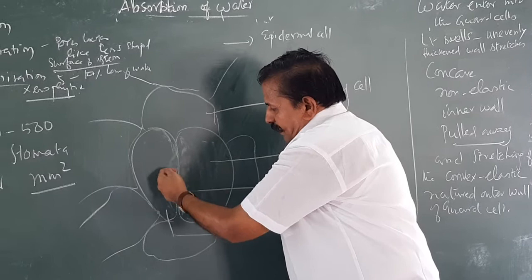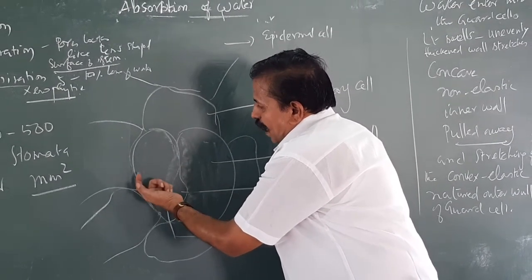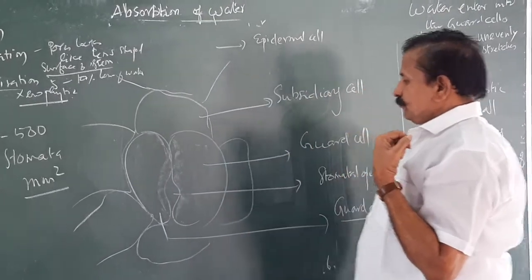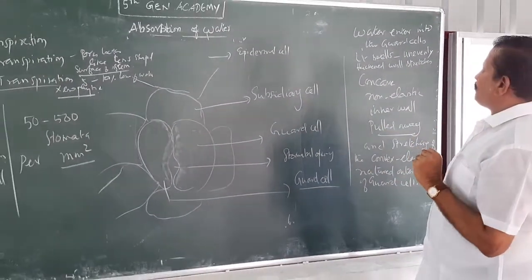The inner wall of the guard cell, nearby the pore, is thicker than the outer wall. This is the basic structure of stomata.